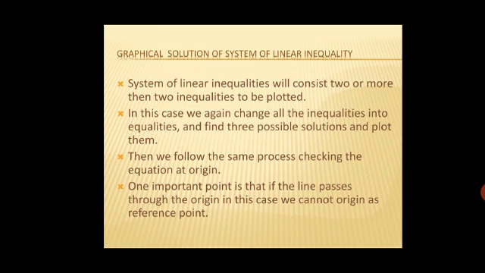Then we follow the same process, checking the inequality at the origin. Now you need to keep one thing in mind, that the line should not pass through the origin, because then the origin cannot be taken as a reference point. Then we will have to take some other point above the line as well as below the line to check which is the feasible region.